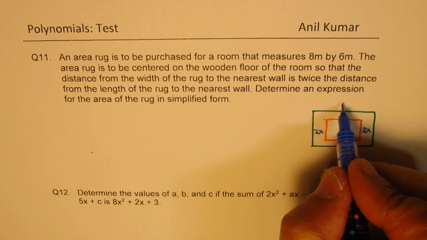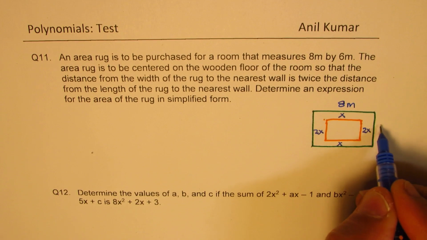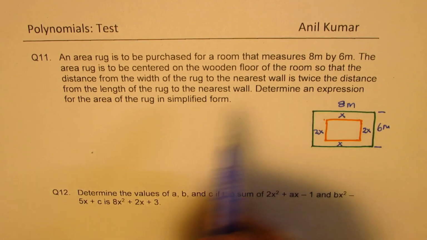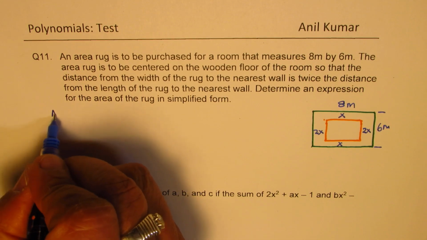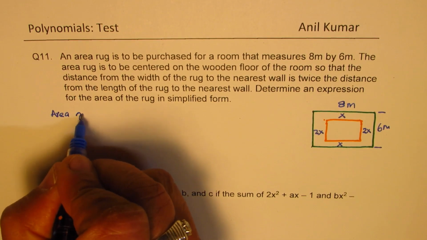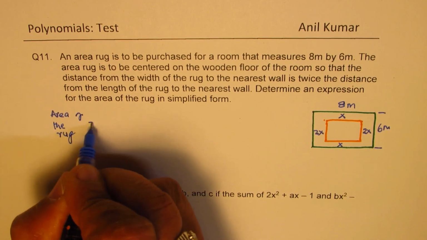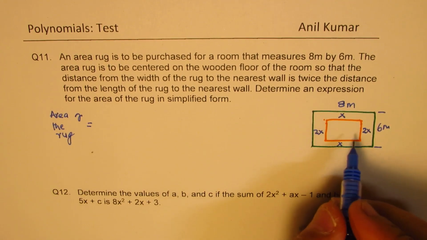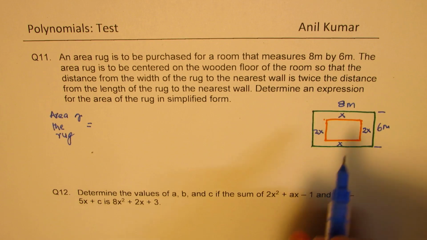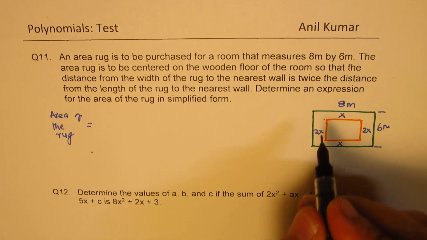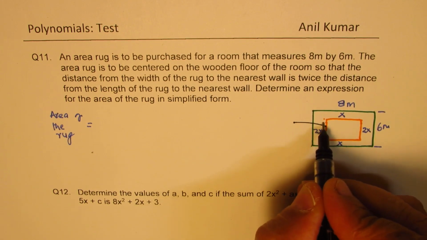We have a room which is 8 meters by 6 meters, correct? We need to find an expression for the area of the rug. So area of the rug is length into width. So we need to now figure out how much is this length and how much is this width.